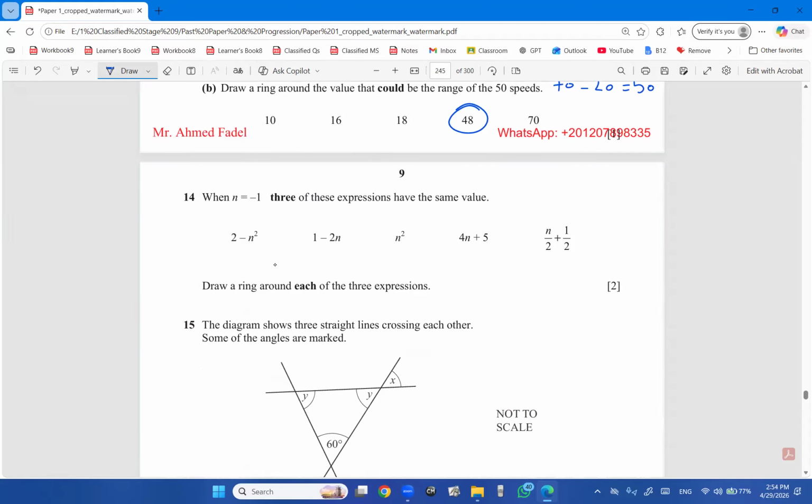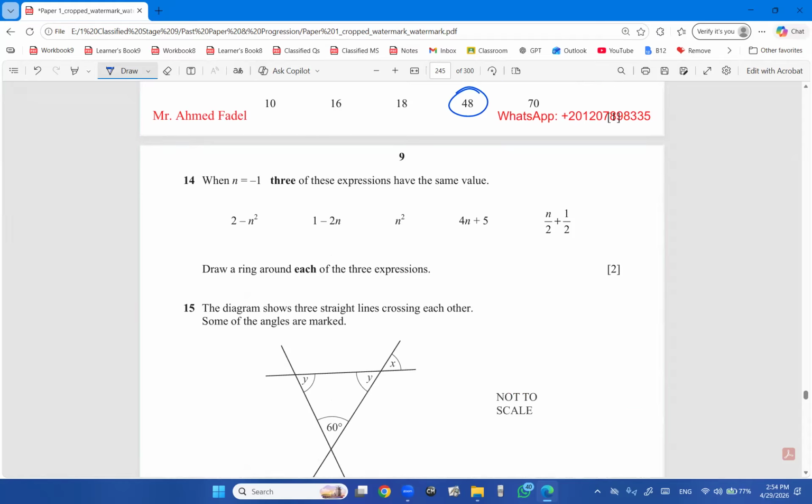When n is negative 1, 3 of these expressions have the same value. So you're going to find here 2 minus negative 1 squared is just 1, which is 1 whole. And the other one, negative 2 times negative 1 is positive 2, which is 3.